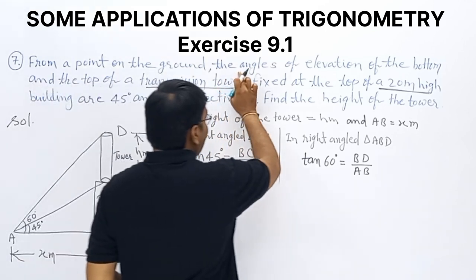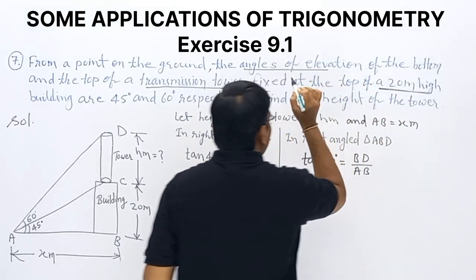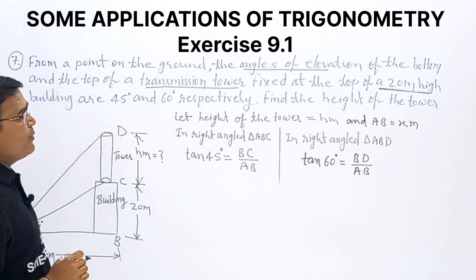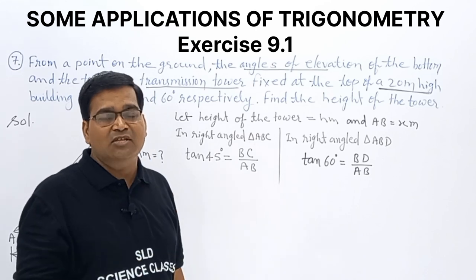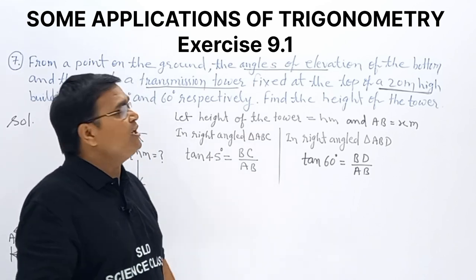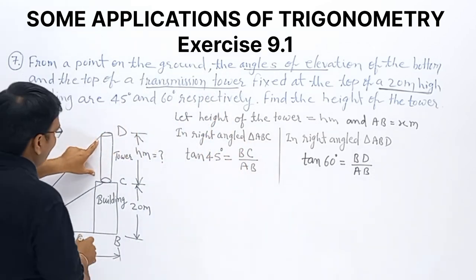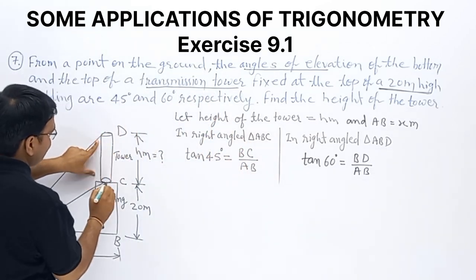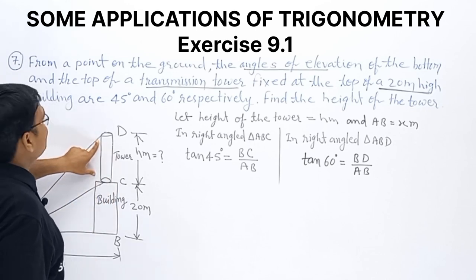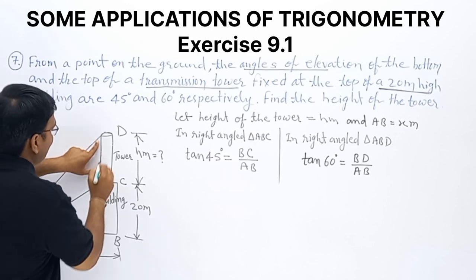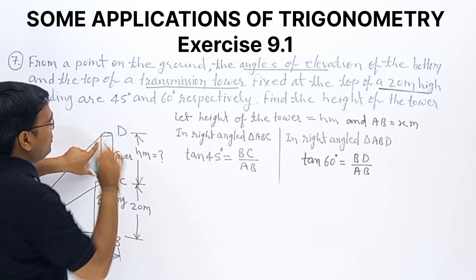One person is observing this tower. Then the angle of elevation of the bottom. Now observe this: angle of elevation means, once we raise our head, we get the angle of elevation. So this is the tower, its bottom is the C point and the top of this tower is the D point.